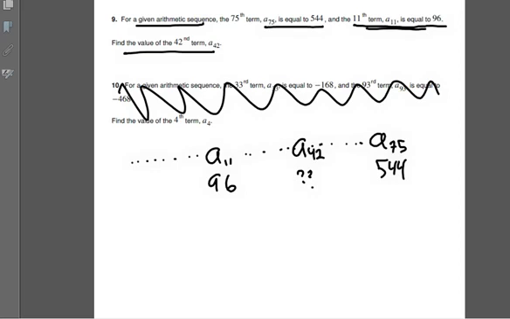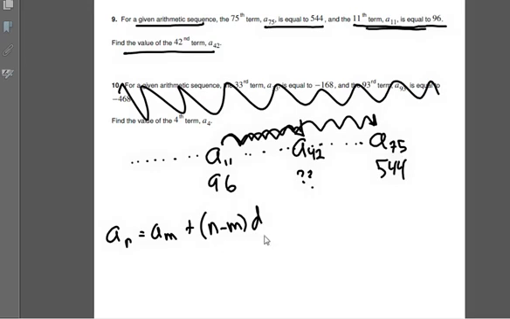Okay, so now it's time for that awesome formula where we counted the space between them and divided that by the number of hops, and we found the space per hop. So that formula was the nth term, that's supposed to be an n, it looks like an r, but it's an n, is equal to the mth term plus n minus m times d.